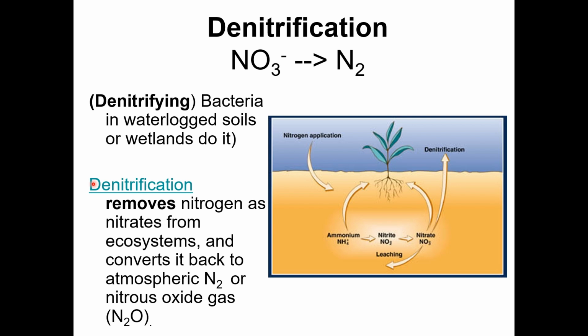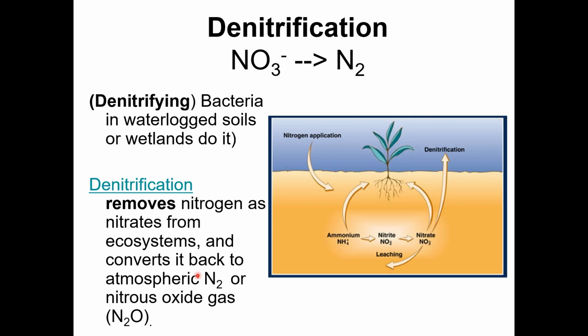definitely the reverse also should happen. If N2 is converted into usable forms, again all these nitrates, ammonia, and other forms should get back into the atmosphere as N2, and that's how the percentage will be maintained.